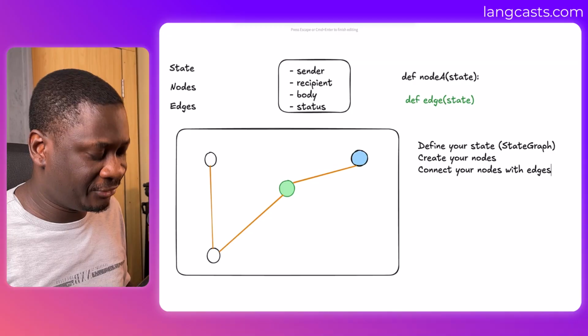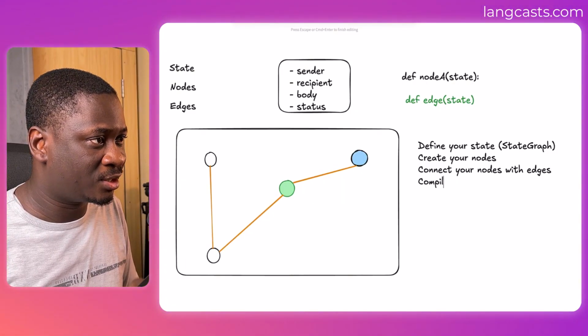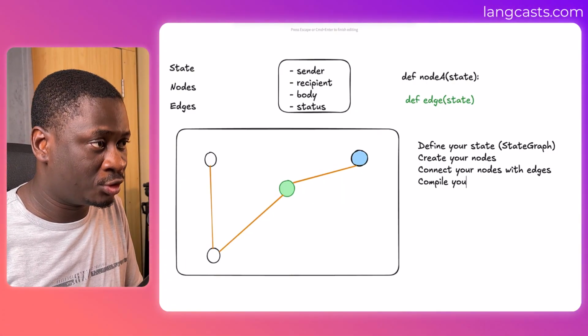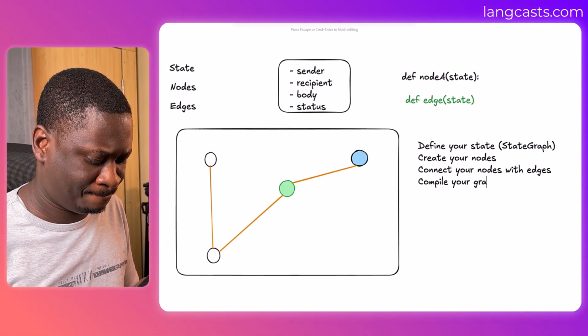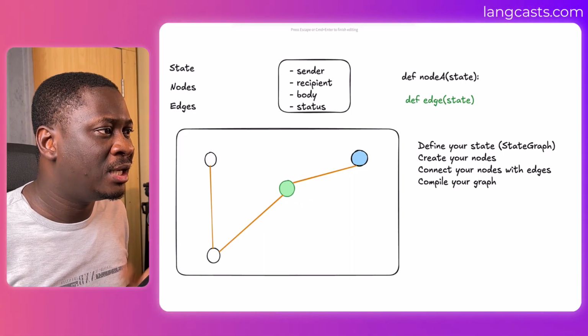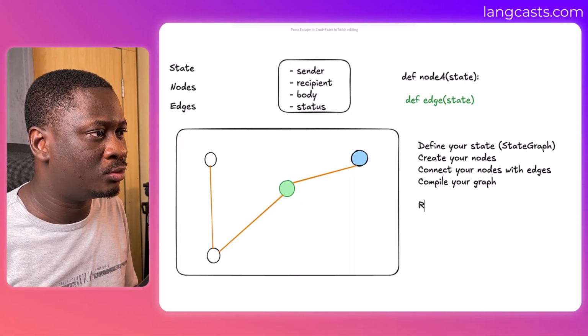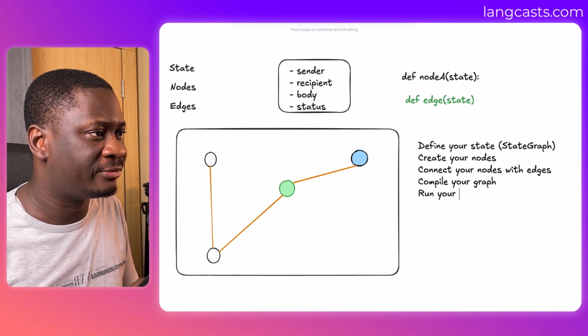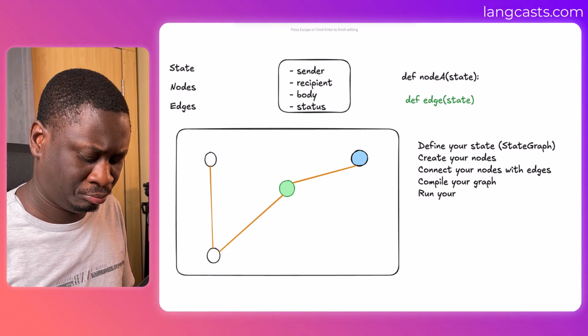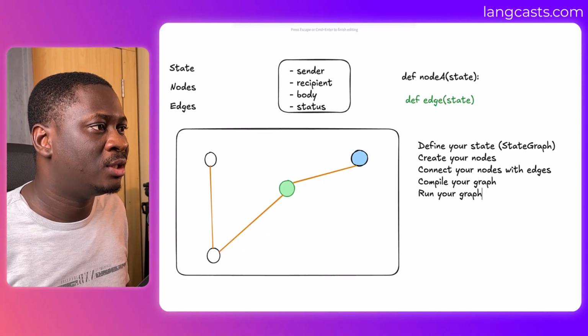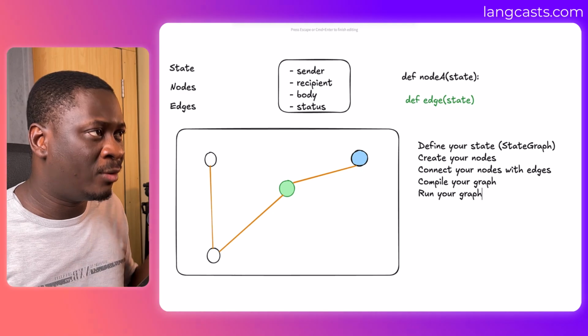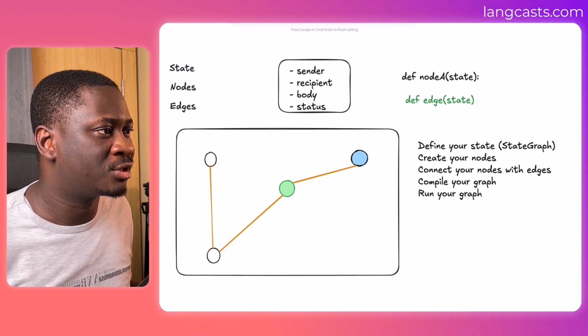But before you run your graph, you need to compile it. There's a compile step to your graph. Once you have your graph compiled, you can then run your graph. So these are the steps that you need to create your graph, and we're going to be doing that in the demo that is coming right up.